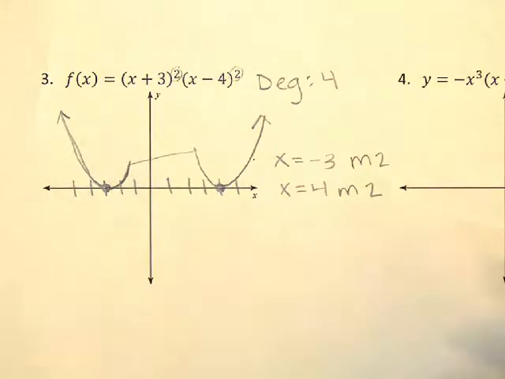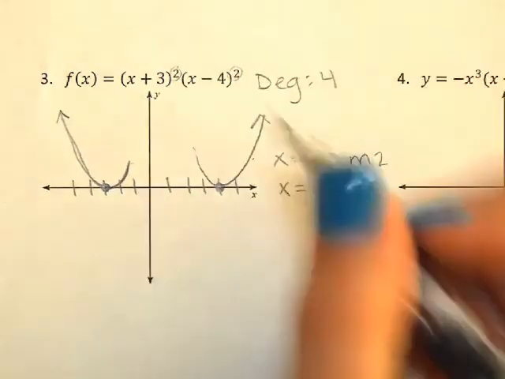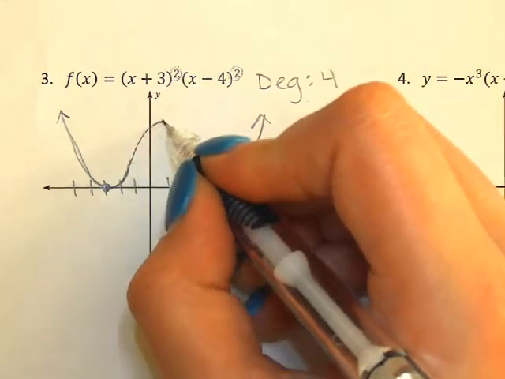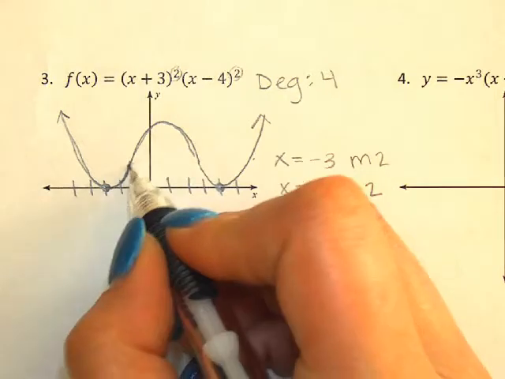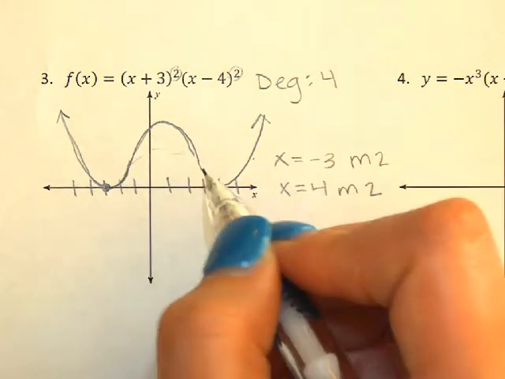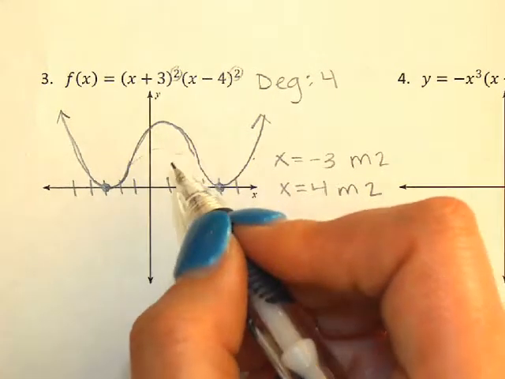I just go straight across? No, it has to be a smooth curve. So if you want, you can make it a really tall curve, or you could make it really shallow and have it just go across like this. The reason it does not matter is because we did not label our y-axis.